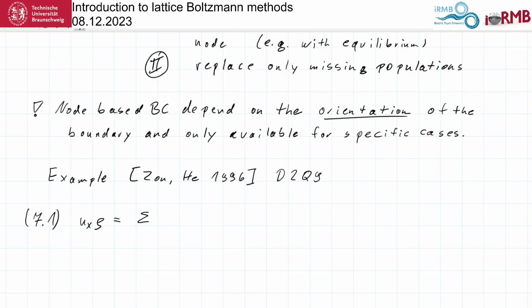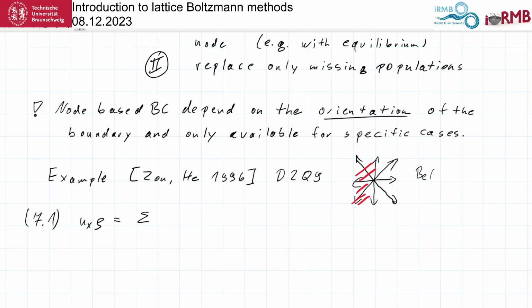Before I write this, let me introduce the actual problem that I've skipped over. Say this is our lattice, and we put the wall kind of here. When the wall is there, this means that the populations that would come this way are missing.